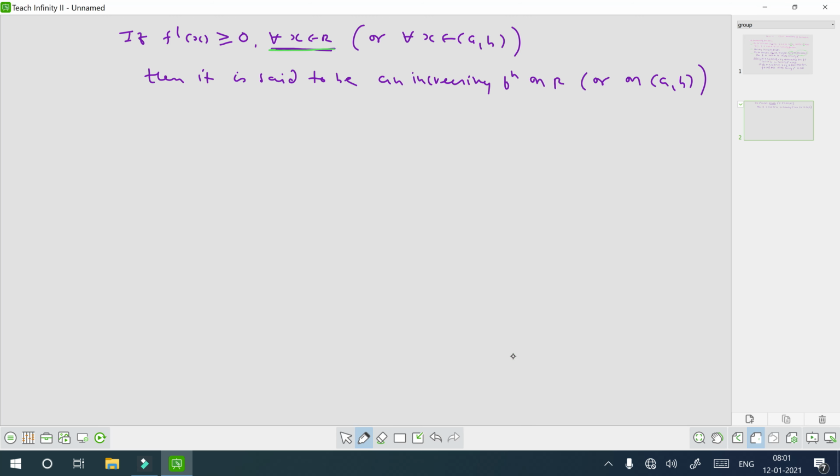If you take all x belongs to R, then it is increasing on R. If you take open interval, then it is increasing on open interval. Greater or equal to 0, non-negative.